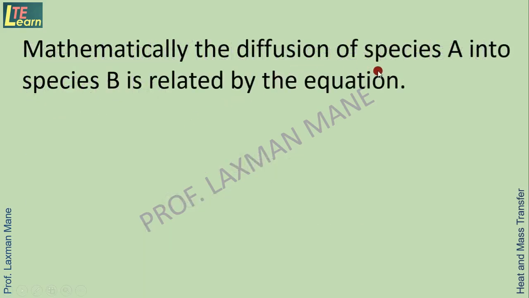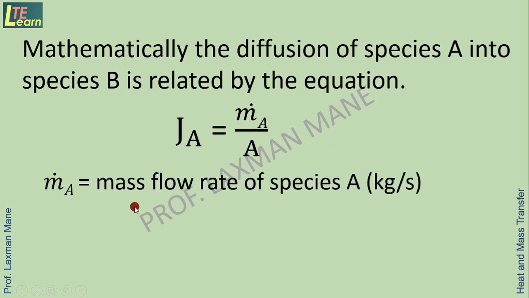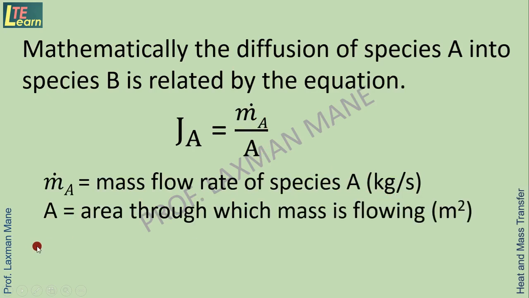Mathematically, the diffusion of species A into species B, means diffusion of gas A into gas B, is related by the equation JA equals m dot A divided by A, where m dot A is the mass flow rate of species A, its unit is kilogram per second.